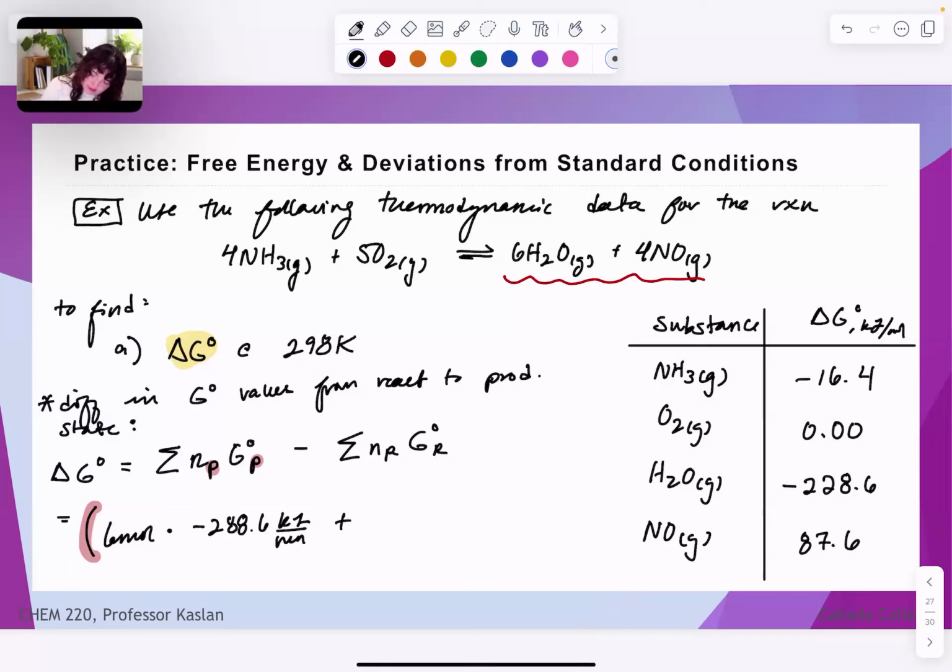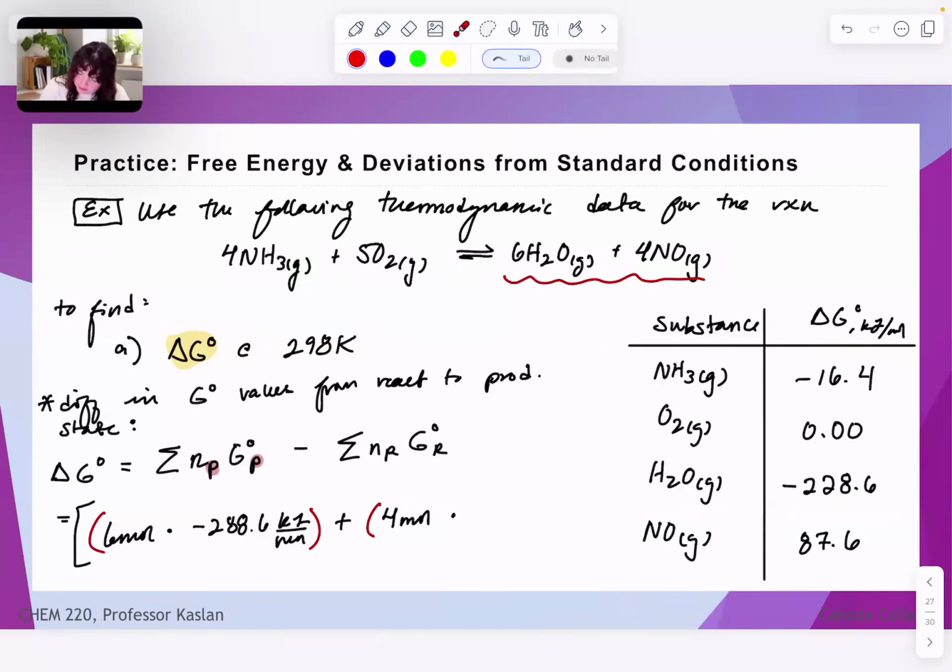So that term, plus, if it helps, I like to do this in brackets and extra parentheses. So that's one product, plus the other product, that is our NO. So that is going to have 4 moles of NO times its standard free energy, which is 87.6 kilojoules per mole.